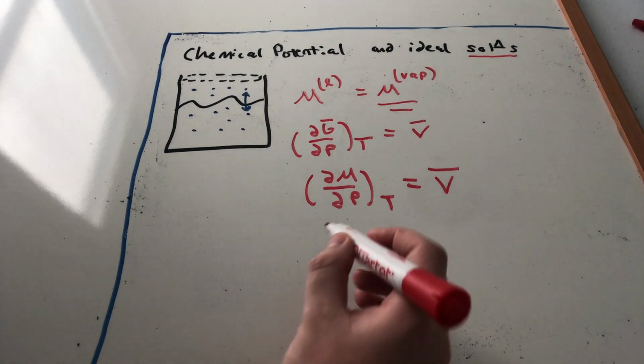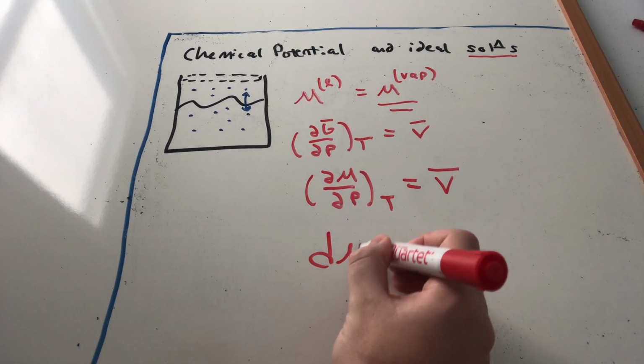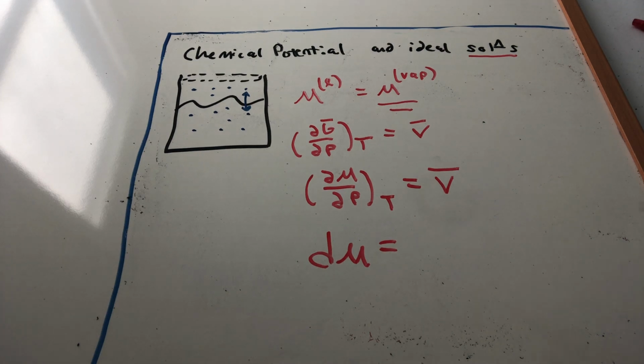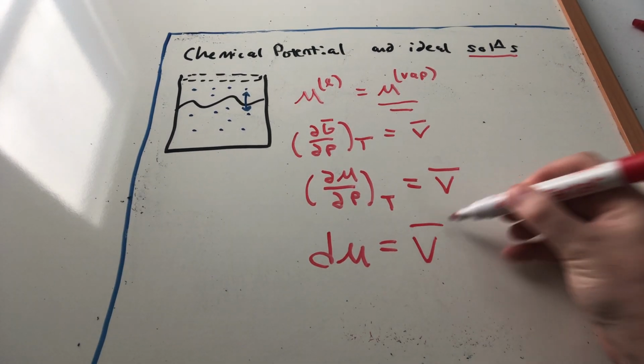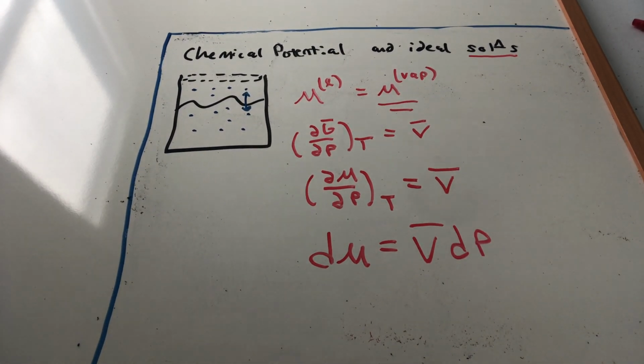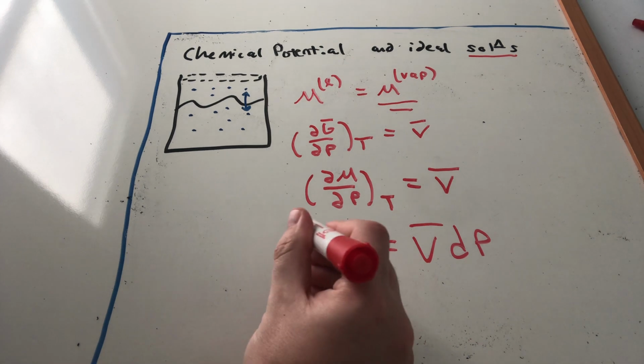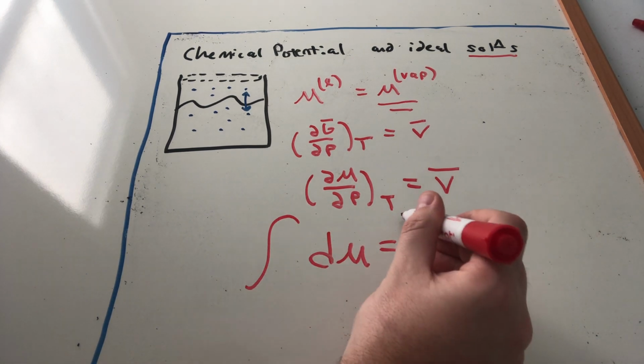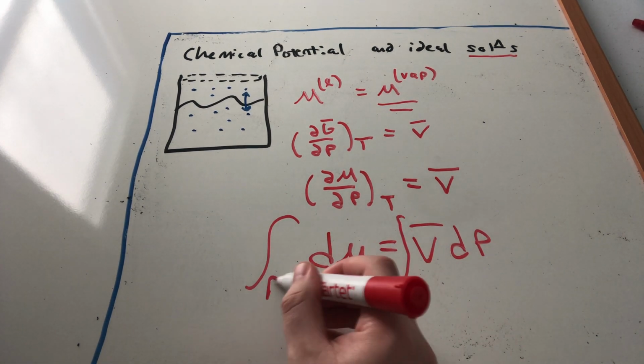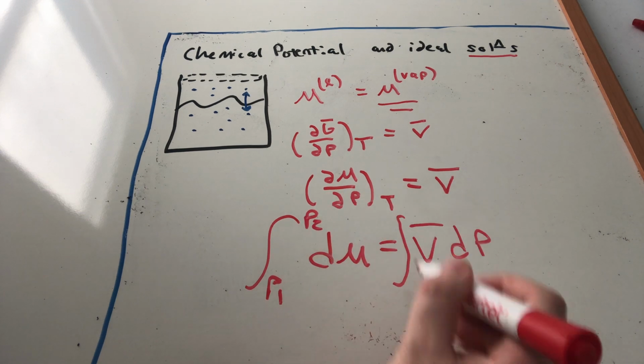We know that we can take the dP to the other side, and we know that this is only valid for isothermal situations. We can then integrate both sides between a P1 and a P2.